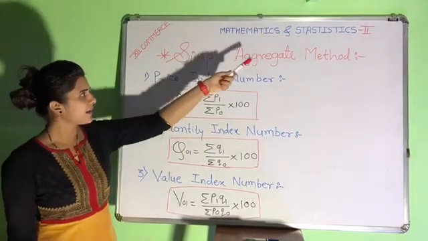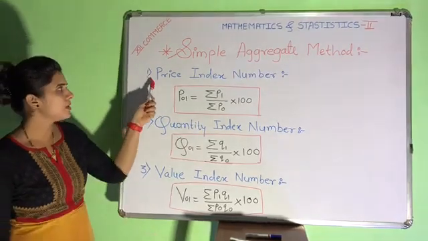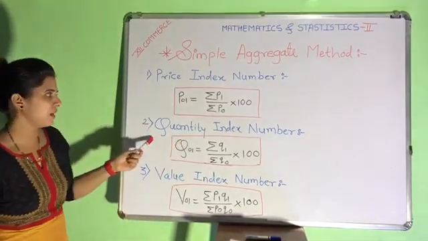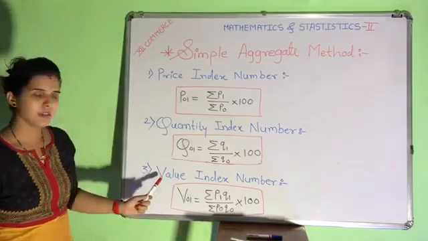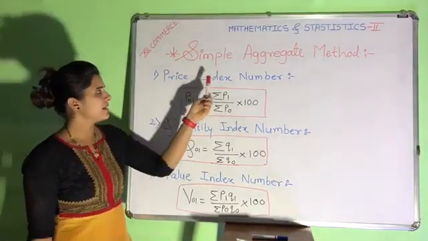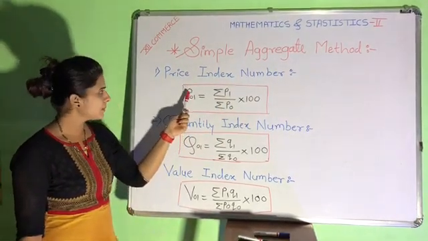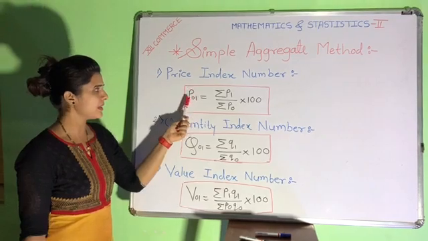In simple aggregate method, there are three formulas. First is price index number, second is quantity index number, and third is value index number. What is formula for price index number? Price index number, notation is P01.